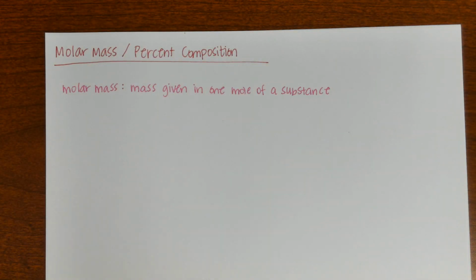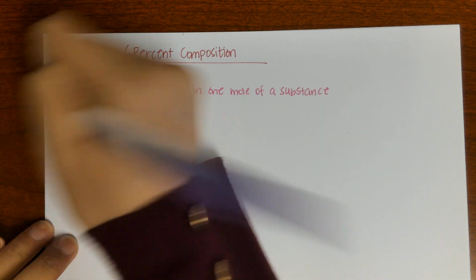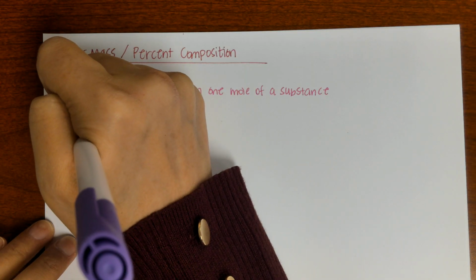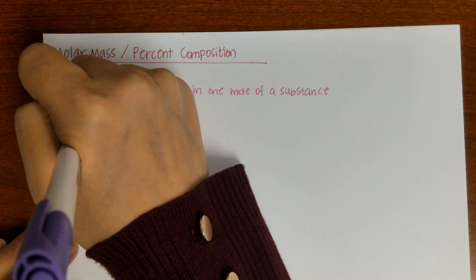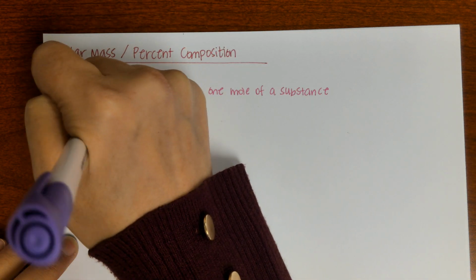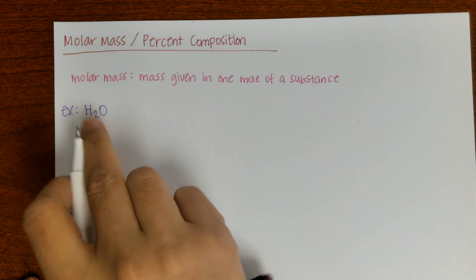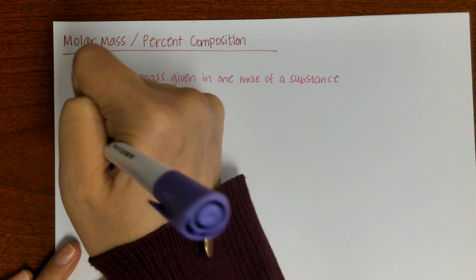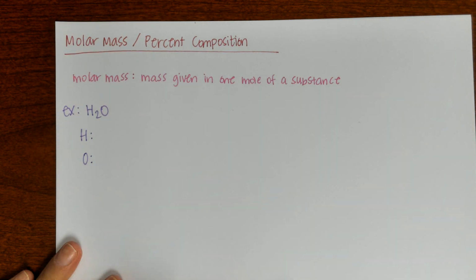Alright, so how to calculate the molar mass of compounds is you basically just add the elements together. For example, if I ask you to find the molar mass of H2O, you have to find the mass of H and O, and then add them together.